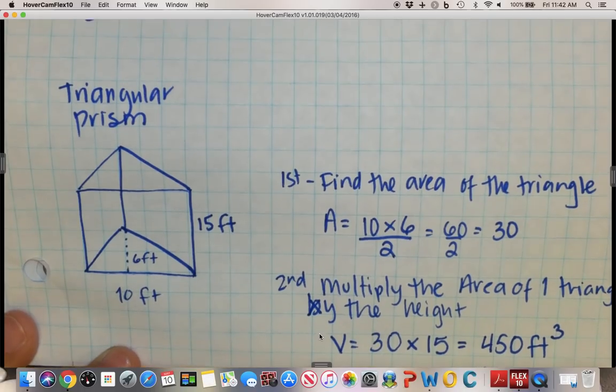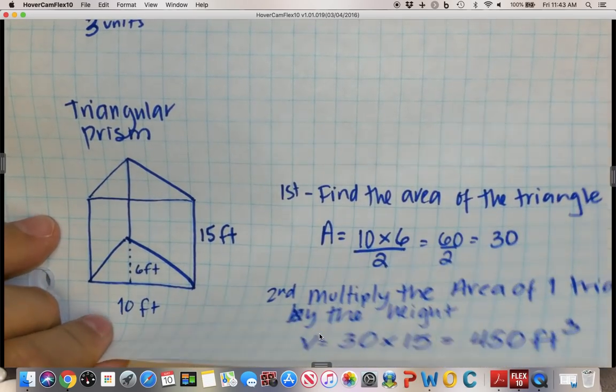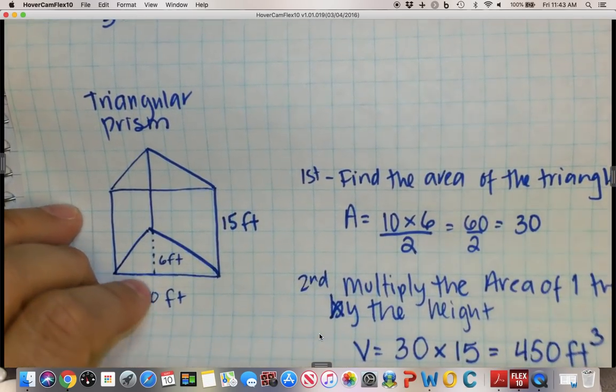Let's do one more triangular prism for practice. And I drew mine really big, so I'm going to go ahead and just use the other side of my paper. Alright, so triangle 1.